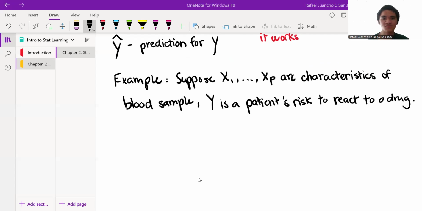So what we're going to do is predict the risk of that patient reacting to some drug based on the characteristics of that patient's blood sample. So that's what we're going to do.